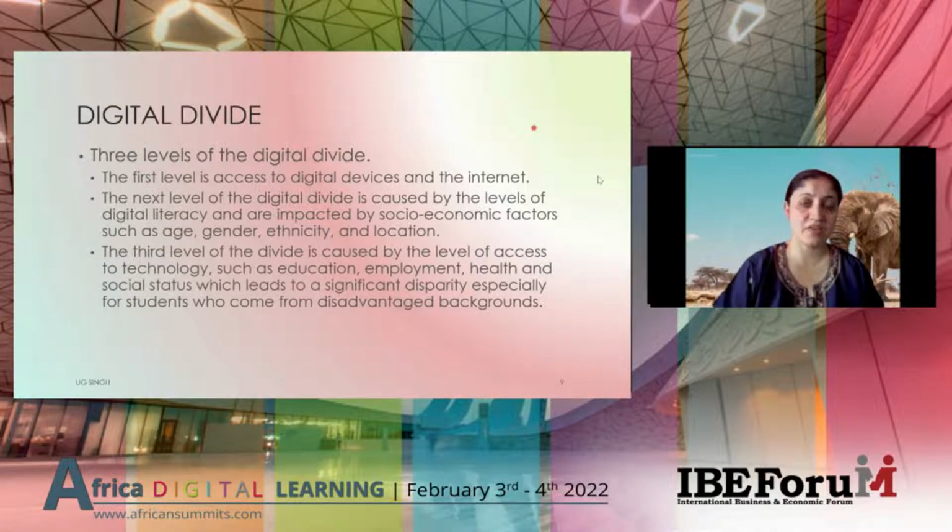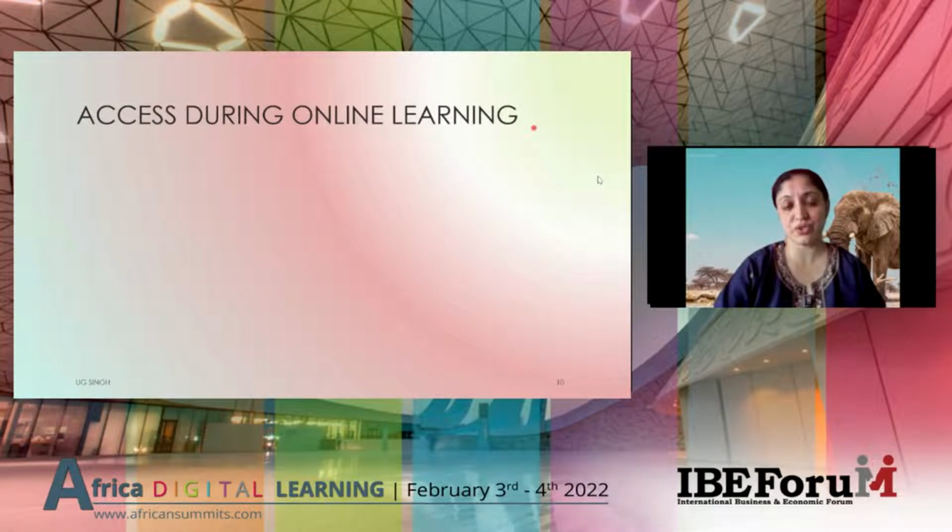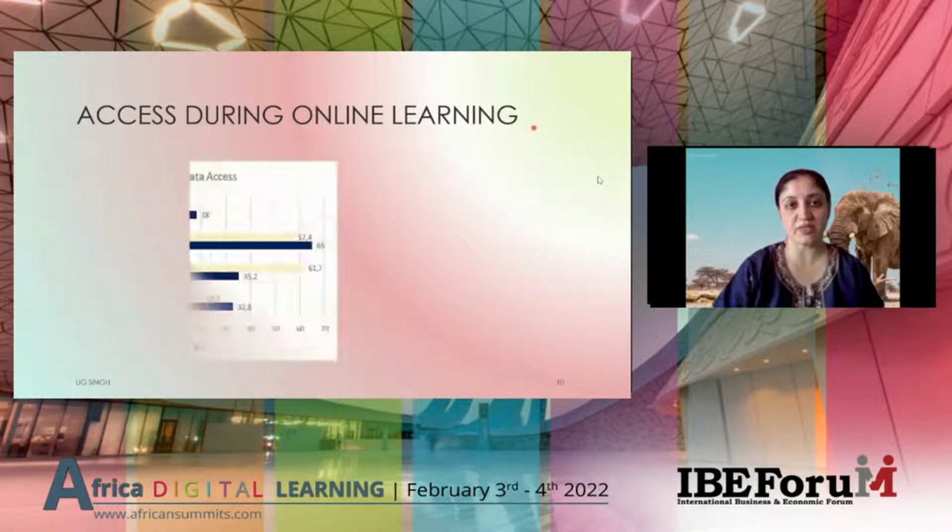And the final, third level of the digital divide is often caused by the level of access to technology. So the higher the education levels, the more access to technology. The lower the unemployment, the more access to technology. Health and social status, all of these factors play a significant role in determining the digital divide, and especially in establishing those students who come from disadvantaged backgrounds.